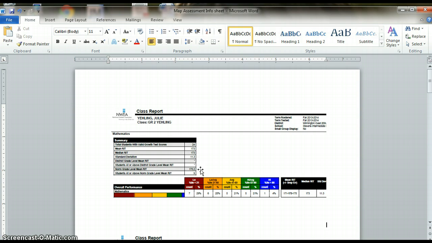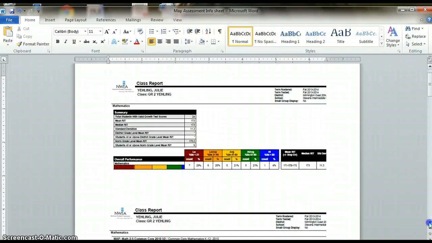And then on this sheet it also gives you the low, low average, average, high average, and high. If you look at how many are low, how many are in the middle, at risk, and average, your mid-high, and then your exceeds. So that information would be important for you to know.